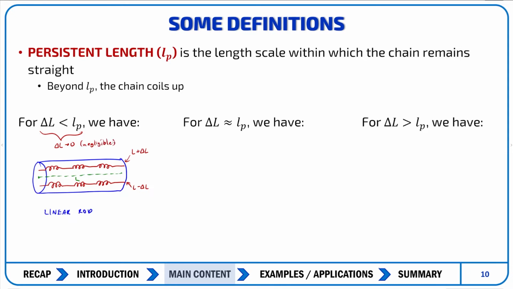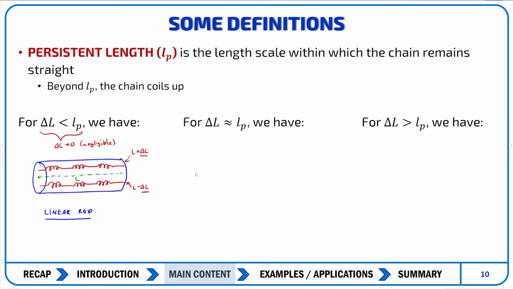So if your change in length is much smaller than the persistent length, then you don't have enough bending taking place or enough change taking place between the bottom and the top single-stranded DNA strands to cause some sort of bend. As a result, you end up with a linear rod system. What happens though if you have delta L being approximately equal to LP?